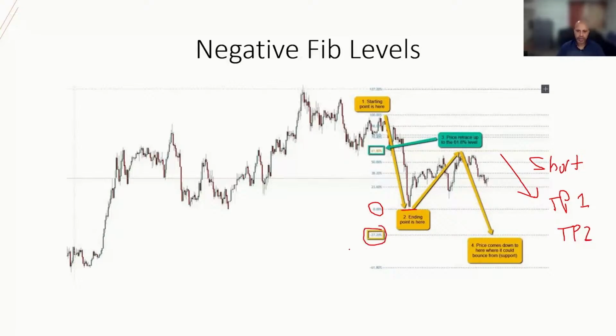So this is how we can use the negative Fibonacci levels, or the expansion levels, to help us identify potential take profit levels for the short side. In this example, you're seeing it for a potential short trade.